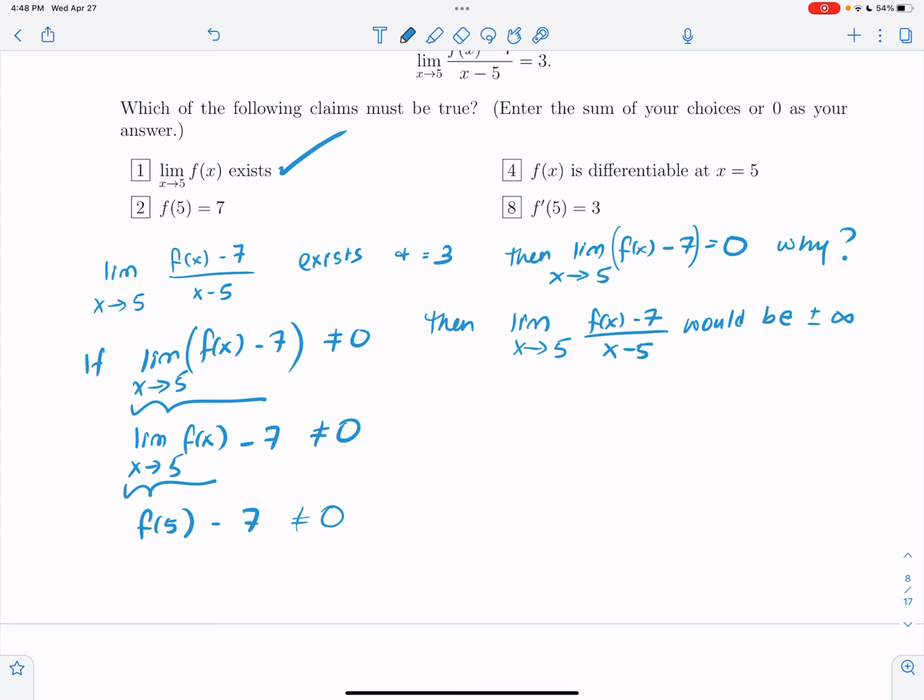Okay, so you must have that the numerator also goes to 0, and the numerator going to 0 means that f of 5 minus 7 goes to 0.